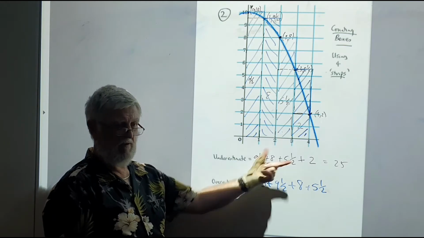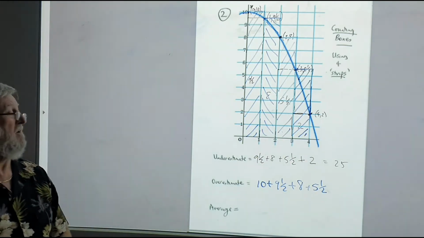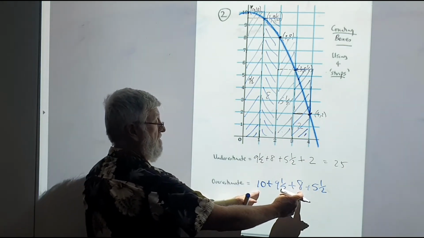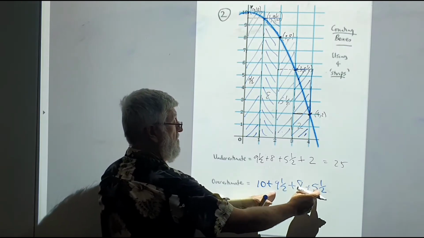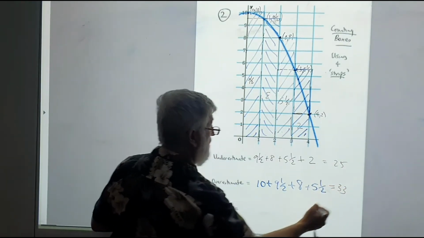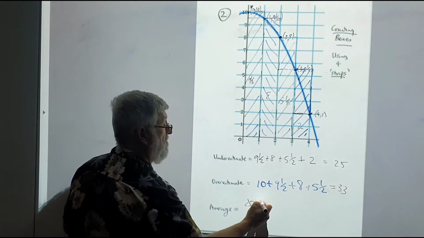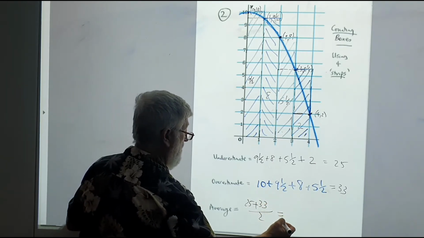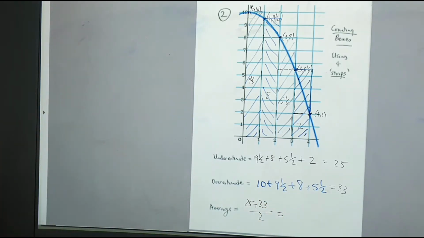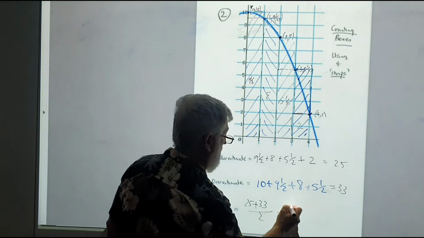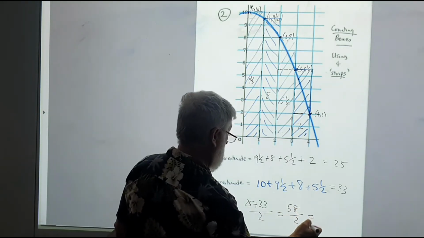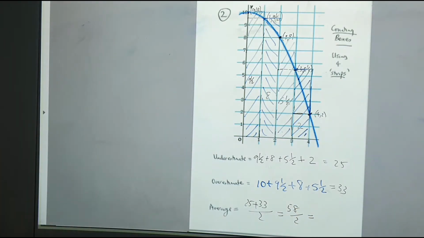And I'll do the fractions last. This one, I'd go 18, 27, 32, 33. Get the average: 25 plus 33 on 2. What have I got? 58 on 2. No mistakes. Josh? 29. 29.